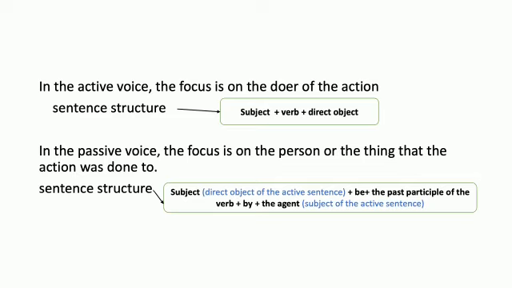But in the passive voice, the focus changes to become on the person or the thing that the action was done to. So here we are talking about the direct object that we had in the first active voice.